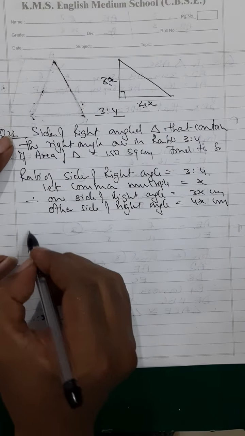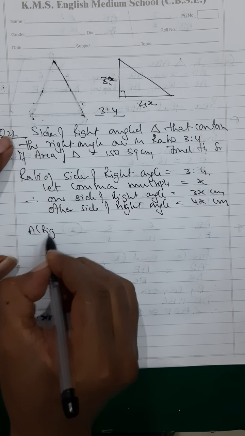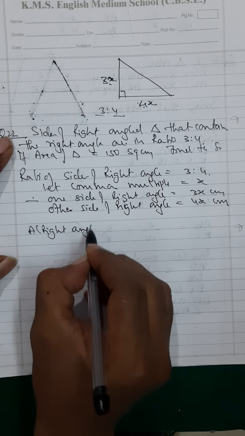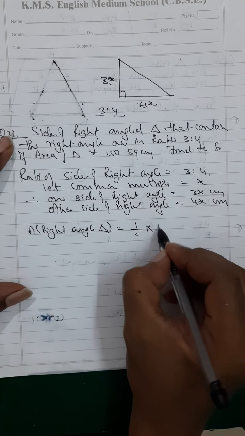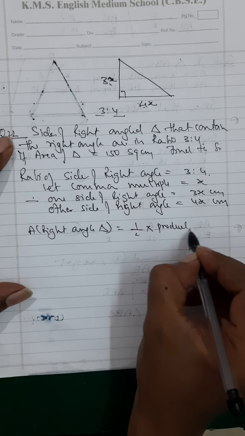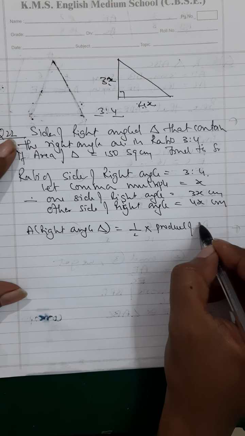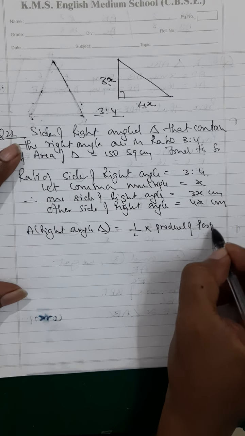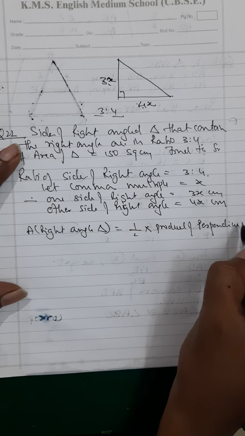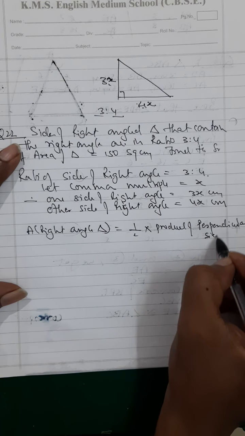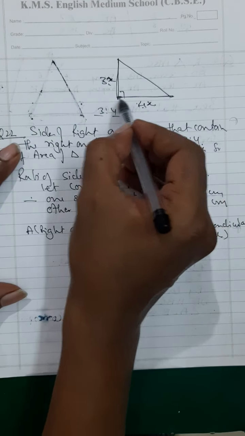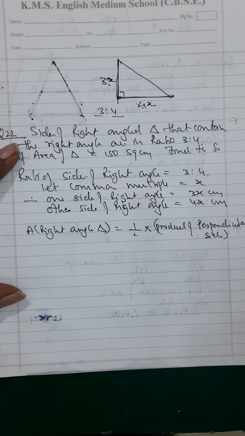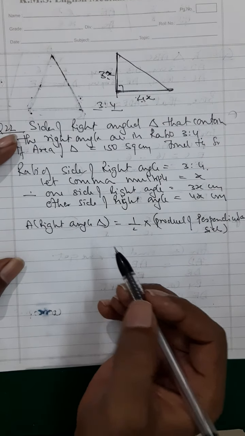And now area of a right angle triangle is equal to half into product of perpendicular sides. These perpendicular sides, you will find the half, because this is basically base and this is basically height. So you will get the area of the right angle triangle, but they have given 150.